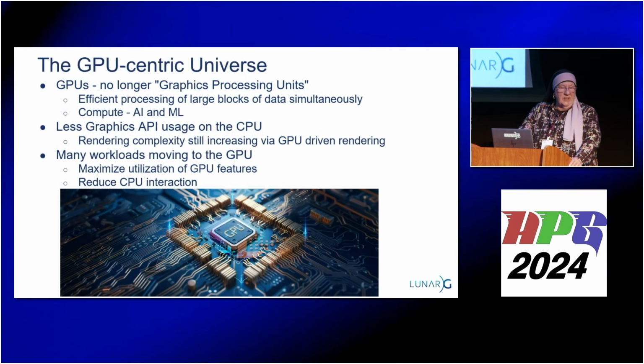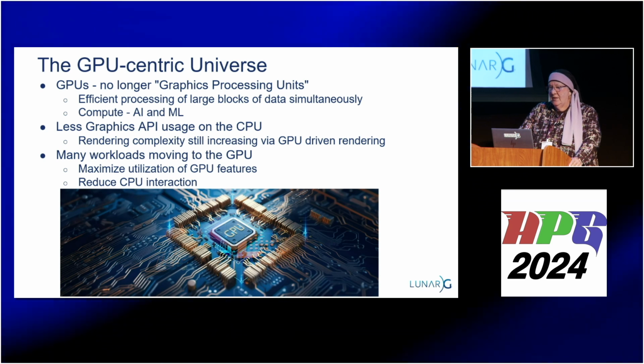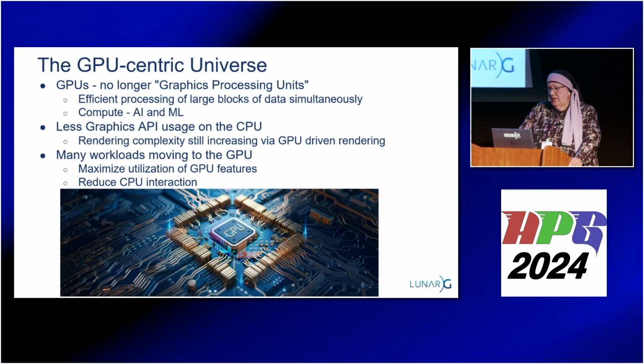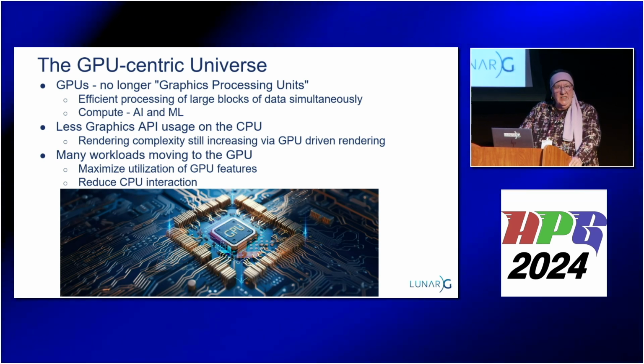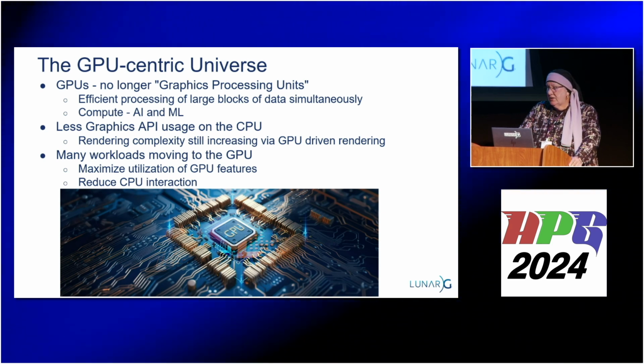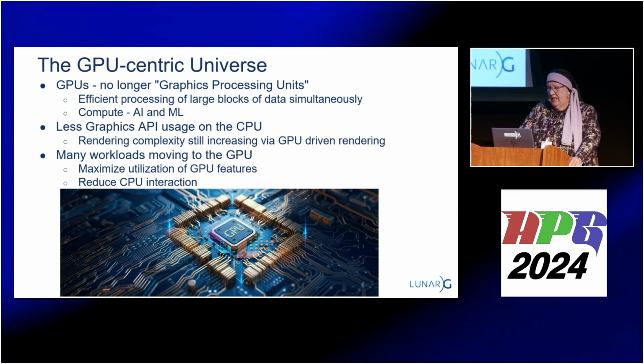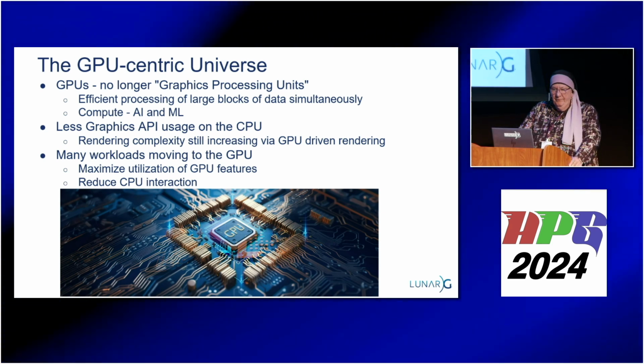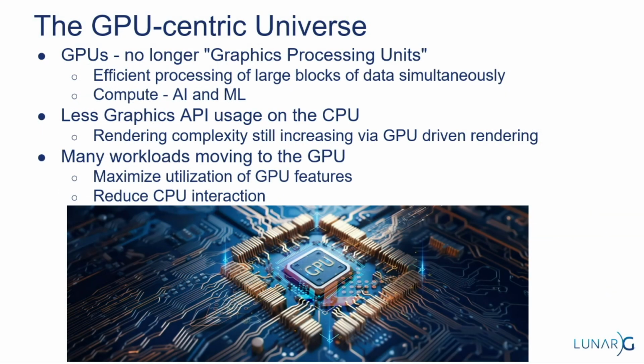The GPU-centric universe. GPUs are no longer graphics processor units. They're very specialized hardware, very efficient, processing large blocks of data with a lot of parallelism. And hence, they're being used for compute. How many presentations did I see where you were using the GPUs for compute?